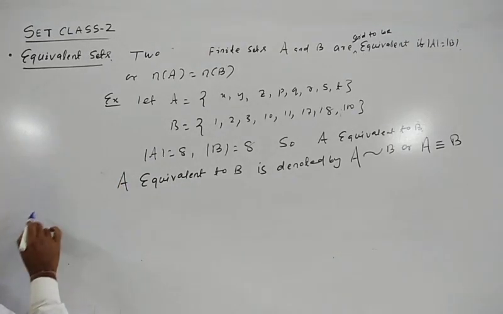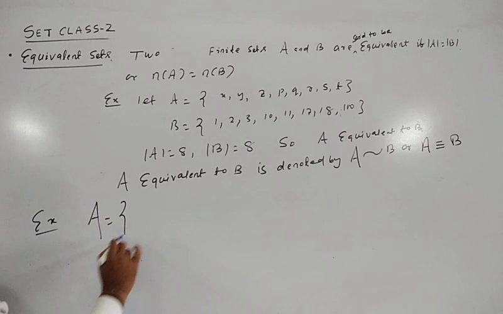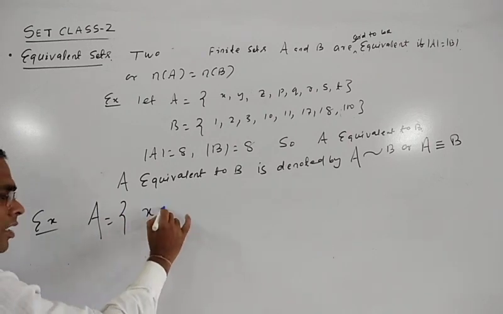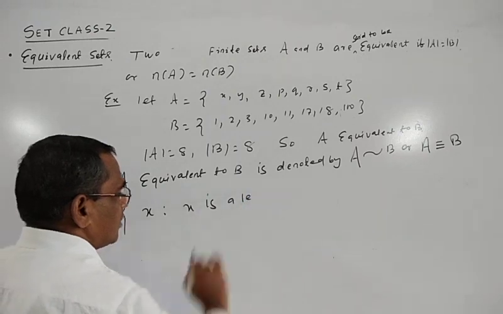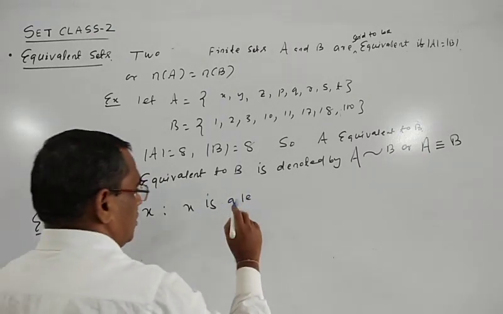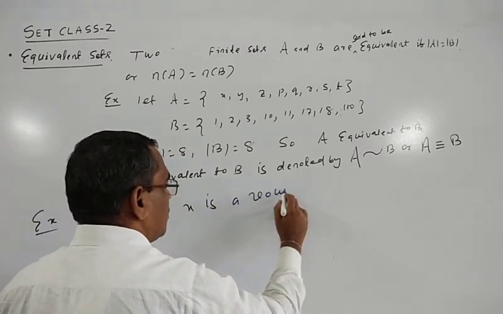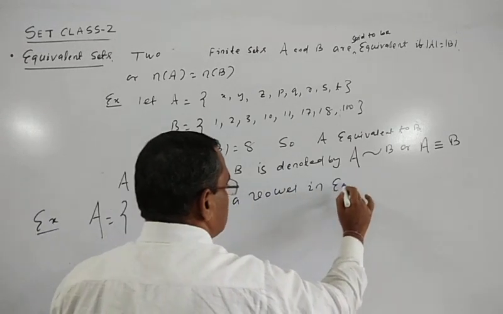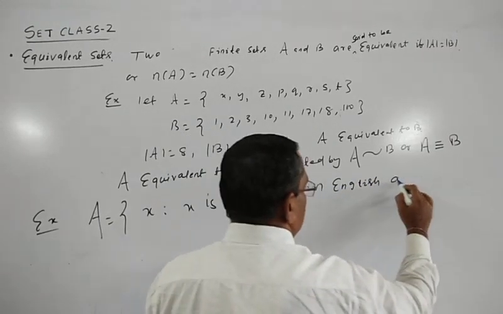Or you take another example. For example, A set is equal to x such that x is a vowel in the English alphabet.